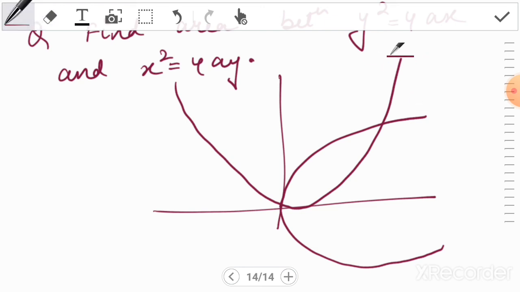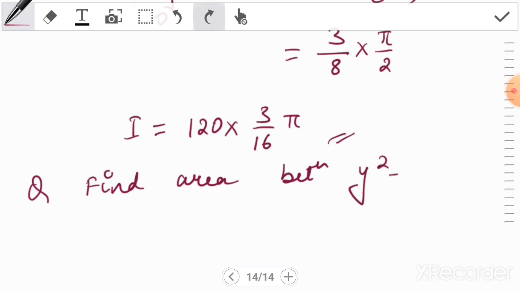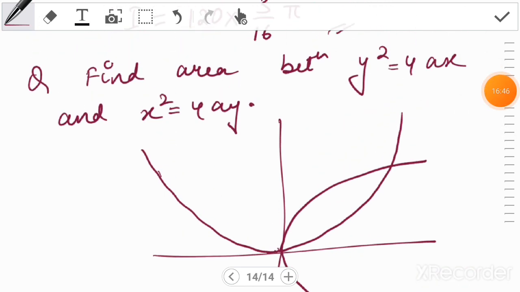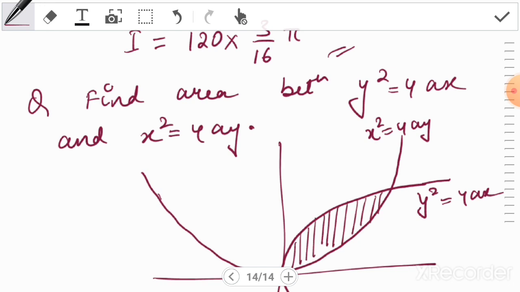This curve is x square is equal to 4ay and this curve is y square is equal to 4ax. We need to find out this area.